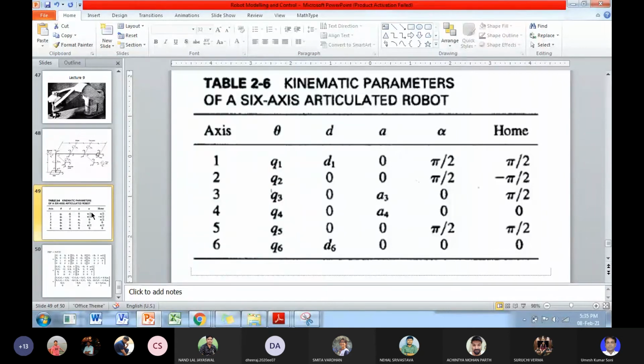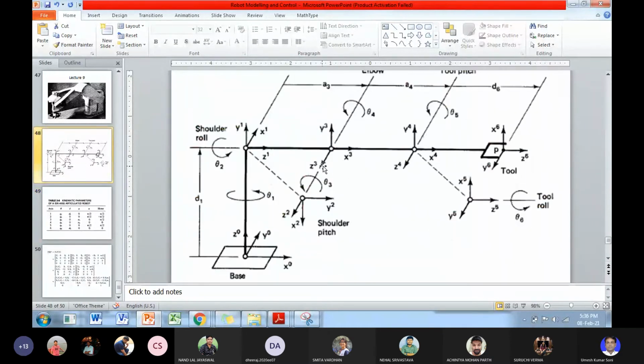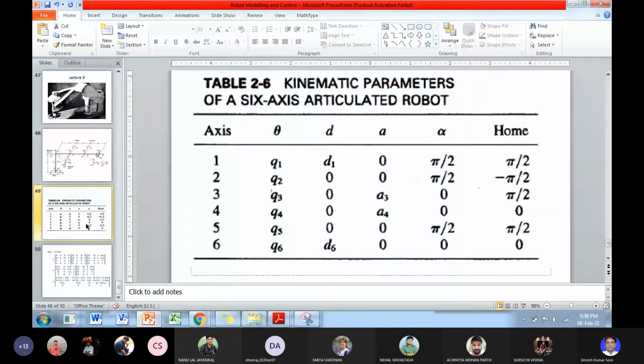Now you can see that for the remaining, Z3 is in the same direction as Z2, Z4 is in the same direction as Z3. Now you see here Z5 again has changed by 90 degree. So what is the angle of twist, that is alpha, that is 90 degree. तो यहाँ पे Z5 जहाँ पे ये आएगा वहाँ भी 90 डिग्री रखेंगे.